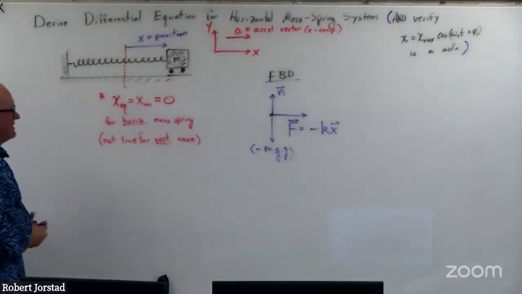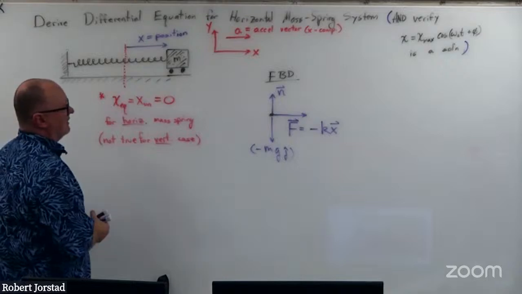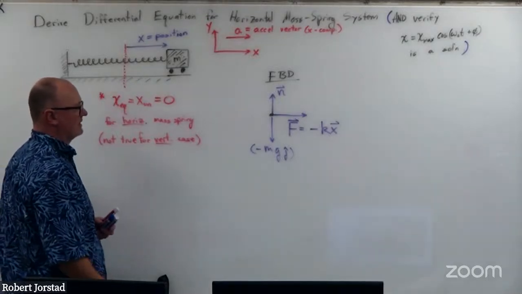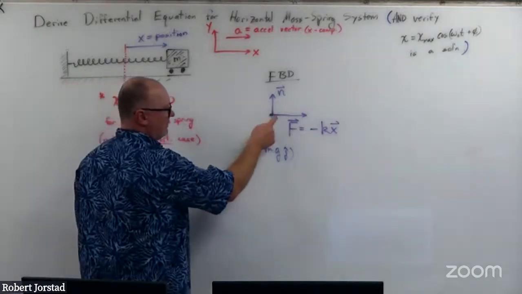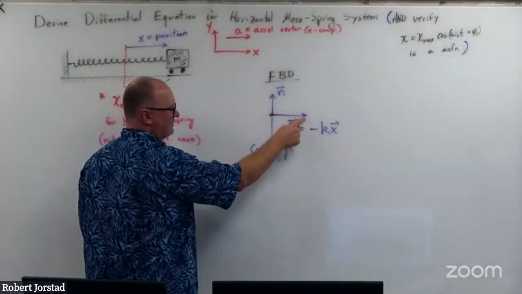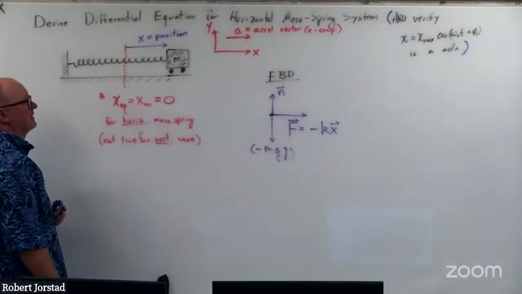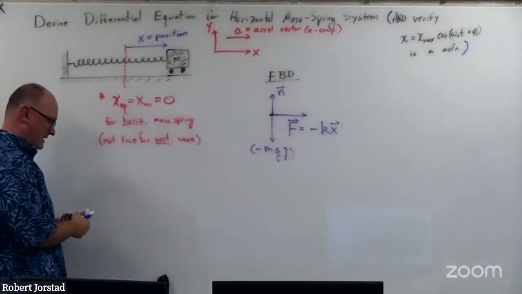We often have an implied i hat on things, but the main thing to focus on is that it's a negative force to the right because x is to the right. x is a positive value here. So this makes sense.